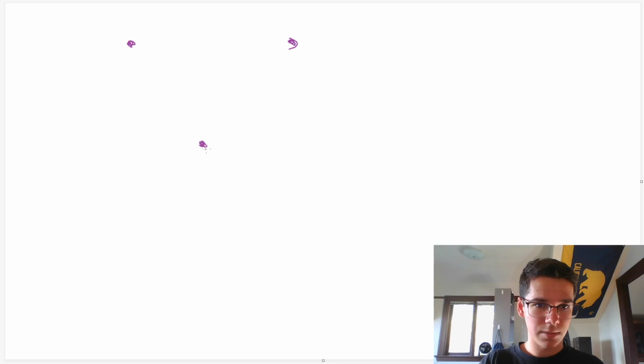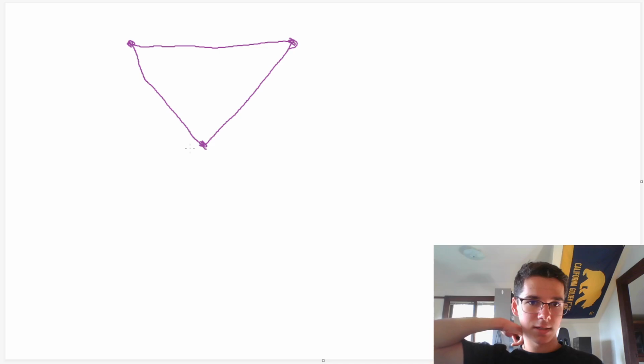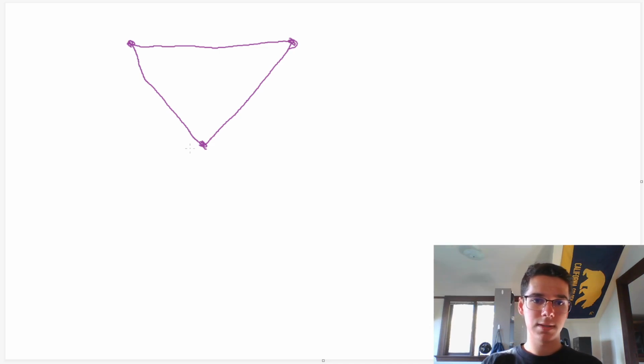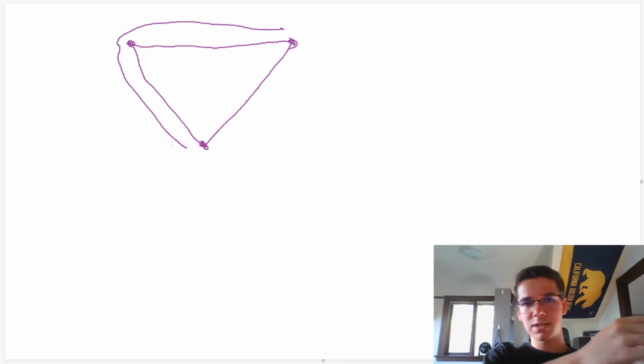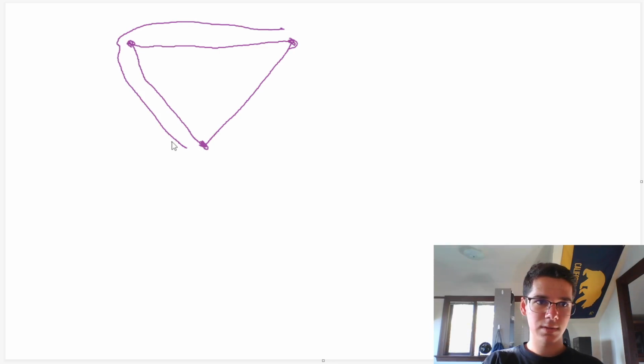Let's just say we start at the bottom node and we want to perform a tour such that we travel over edges and vertices once and we end up where we started. We can perform a tour on this because every vertex has an edge that allows us to enter the vertex and then leave the vertex.